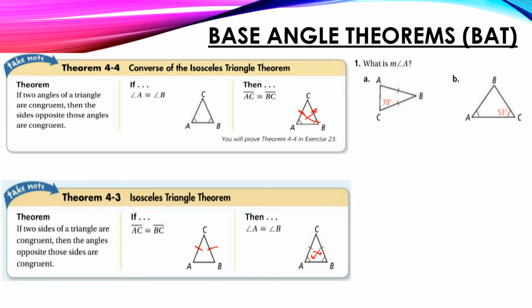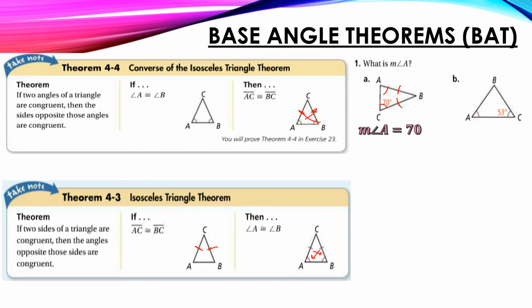So for number one, what is the measure of angle A? Again, if you have two sides that are congruent, it means their angles that are across from them are also congruent. So if angle C is 70, angle A would also have to be 70. For B, we're using theorem 4-4.